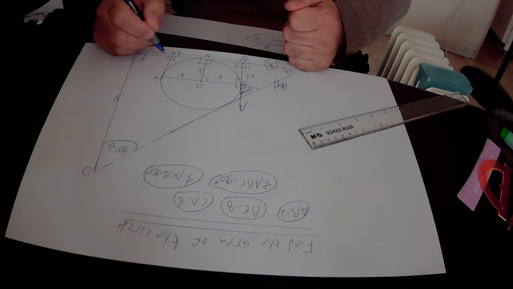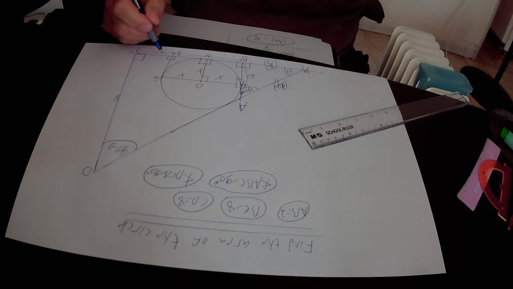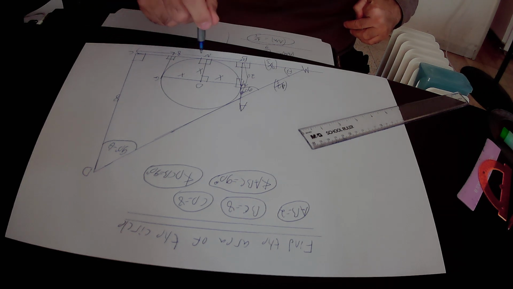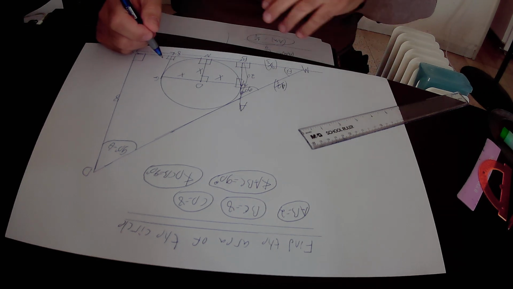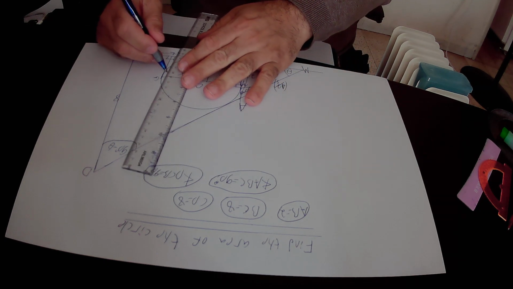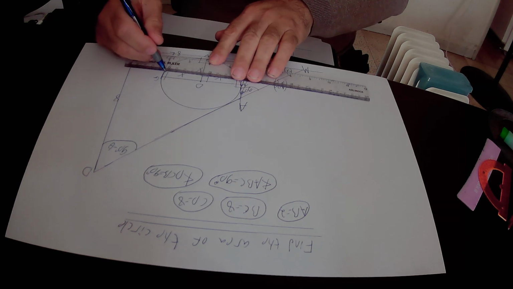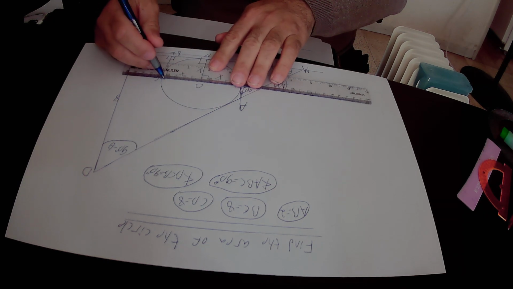Again, we have the radius OG that is drawn to the point of tangency, that is to say it is drawn to point G, that is the point of tangency of tangent LG with this circle, and according to rule number 1, whenever you have a radius that is drawn to the point of tangency, then the tangent LG will be perpendicular to the radius OG. That is to say this angle will be equal to 90 degrees, and this angle will be also equal to 90 degrees.